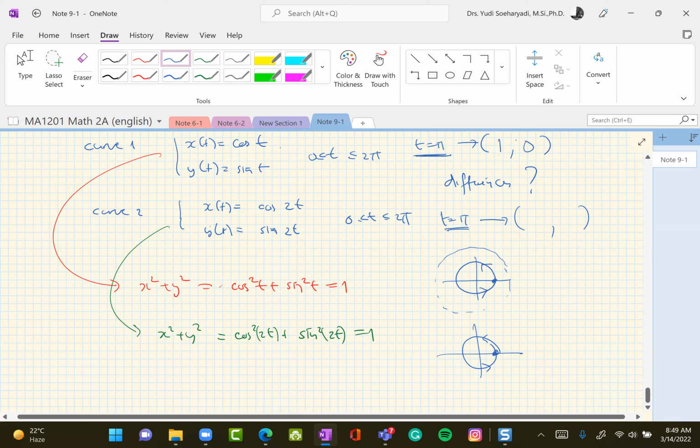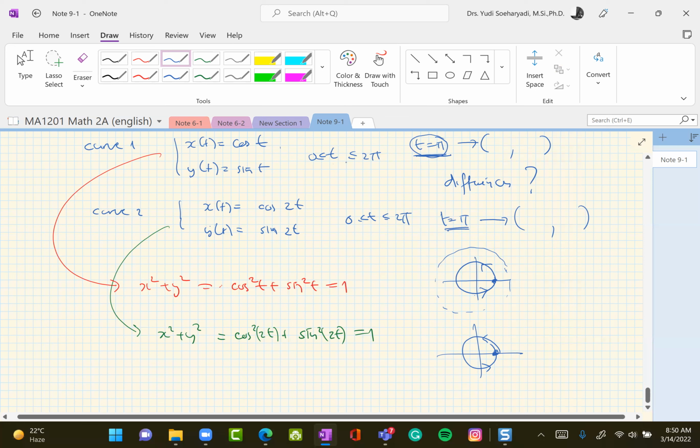Nope. Is that really 1, 0? 1, 0, sir. Cosine pi, what is cosine pi? It's not the initial point, this is actually the middle point.